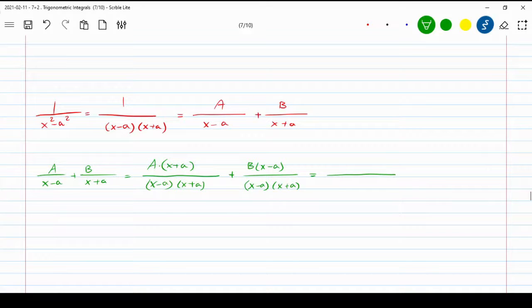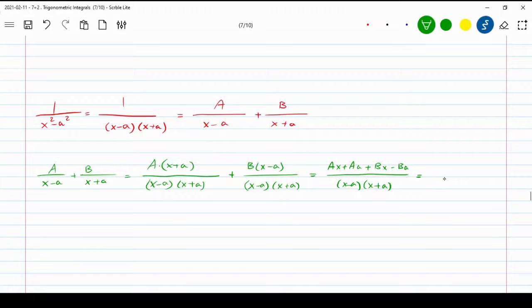And now, since they have the same denominator, I can write them together, x minus a, x plus a, and the numerator is, if you distribute, Ax plus Aa plus Bx minus Ba.